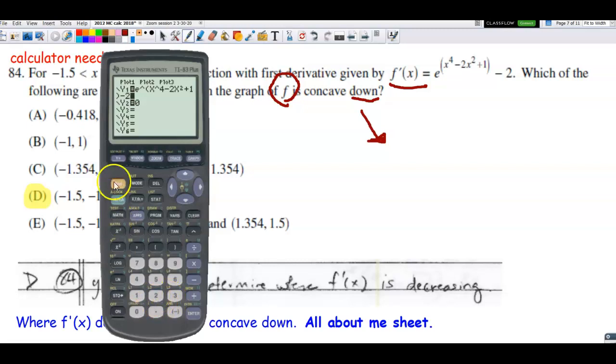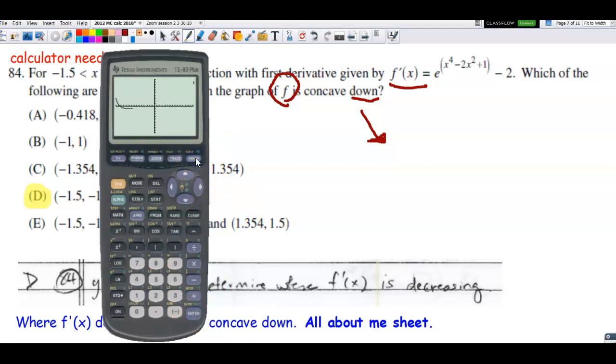And they told me to go from, I'm going to do my window from negative 1.5 to positive 1.5. And again, since it's a small window, I'm going to change my scale to tenths instead of ones. That just spreads the graph out.